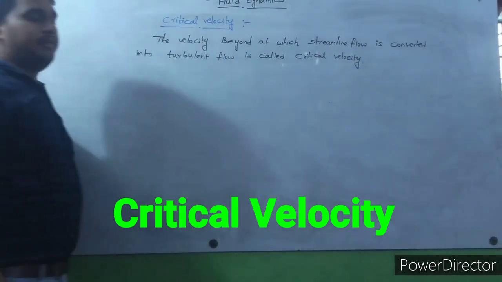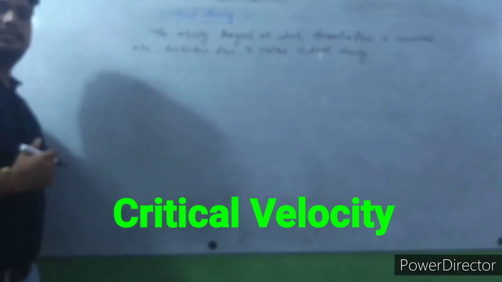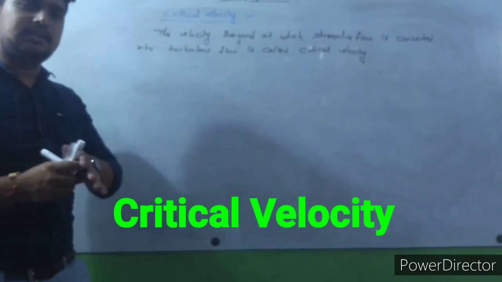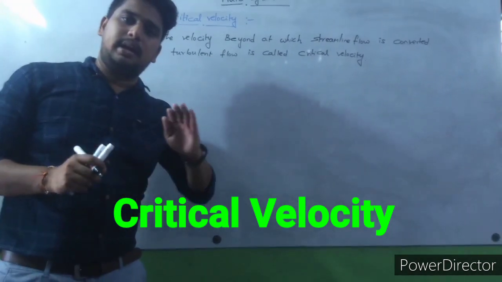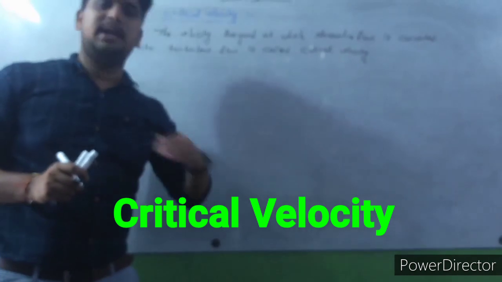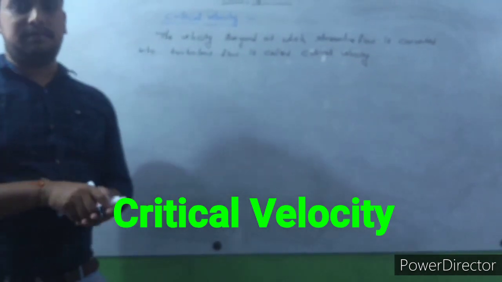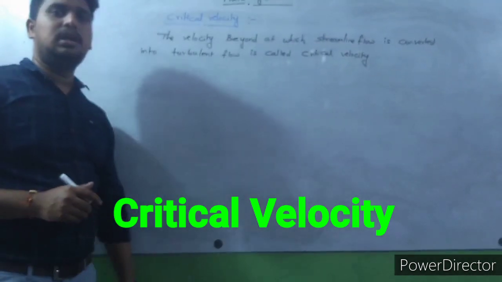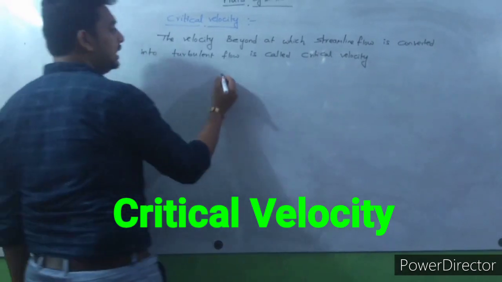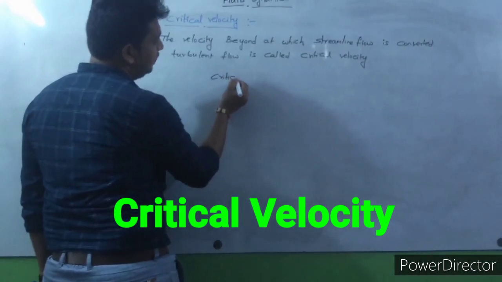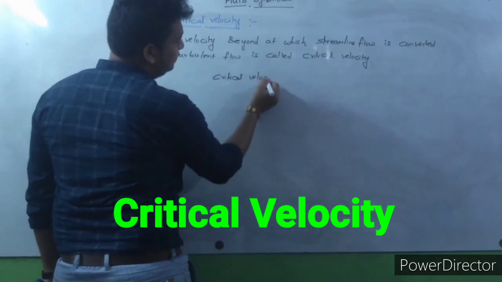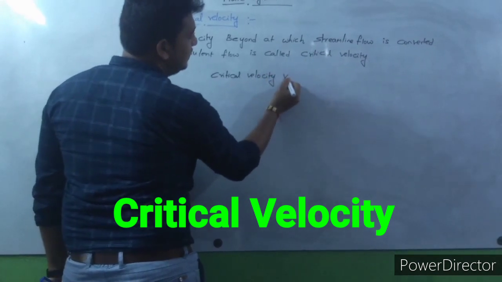The velocity beyond which, that means whenever this velocity is crossed, at that situation streamline flow is converted into turbulent flow. Critical velocity is represented with Vc.